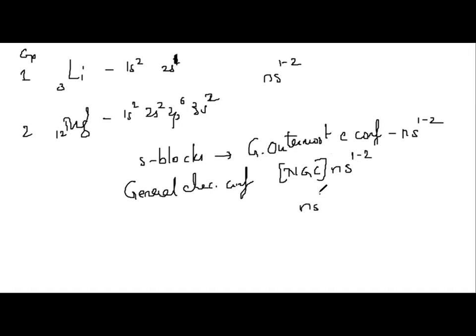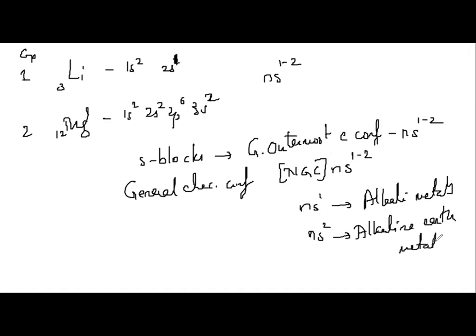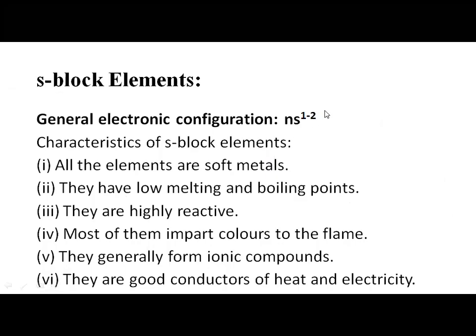If it is ns1, it is alkali metals. If it is ns2, it is alkaline earth metals. So groups 1 and 2 belong to S block.